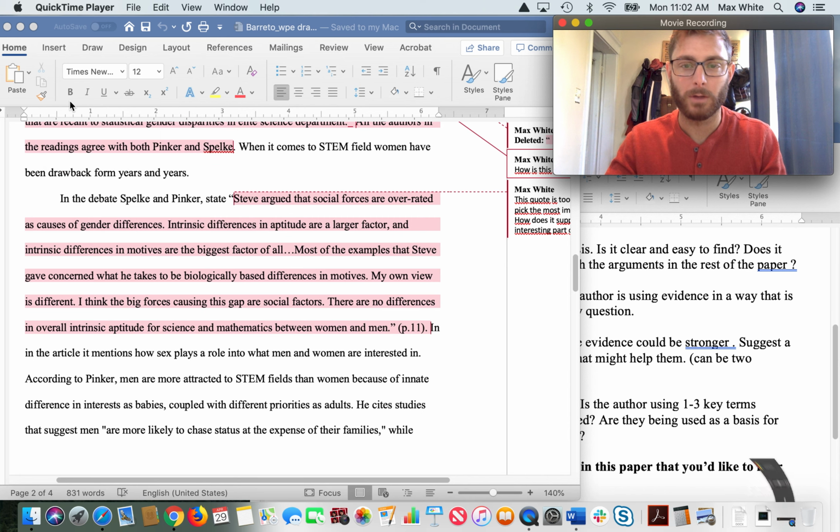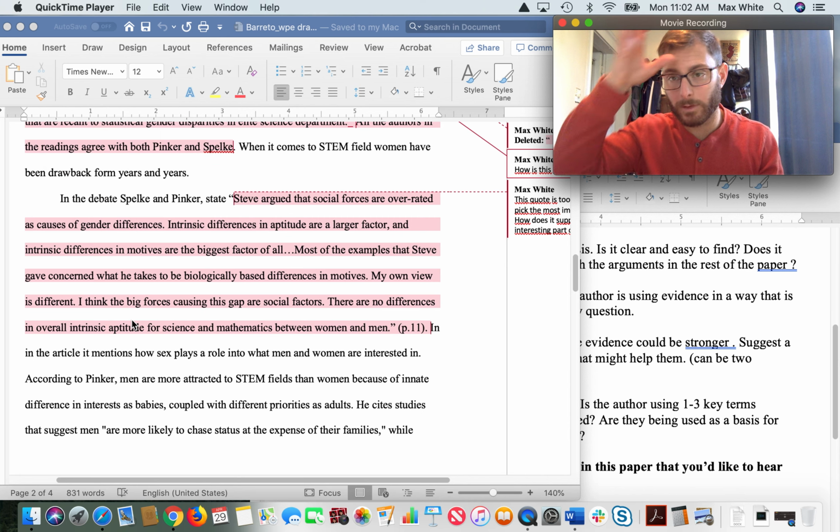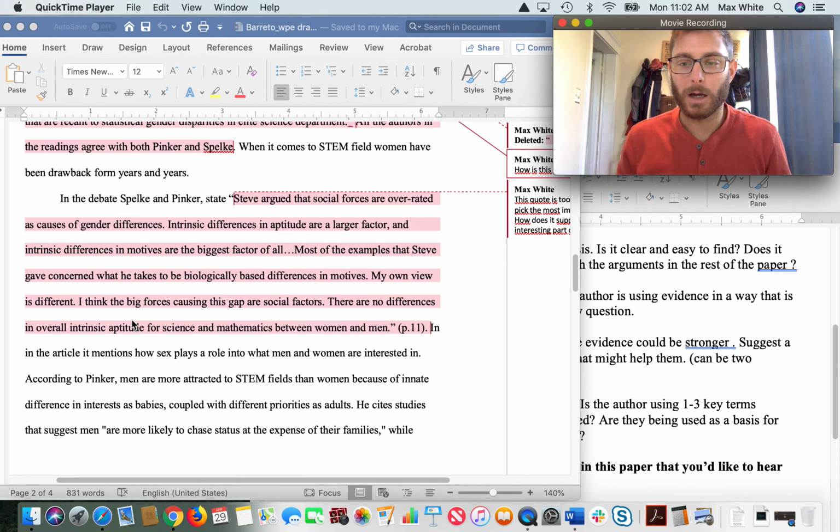Alrighty, cool. So, hi everybody, Dr. White here. What we're going to do here, a couple things. First, I'm going to give you a guided reading of a sample paper, and at the same time cover the peer review instructions. The idea of this exercise is to help you better understand what's asked of you from this peer review.